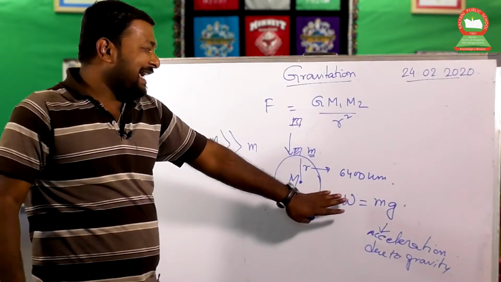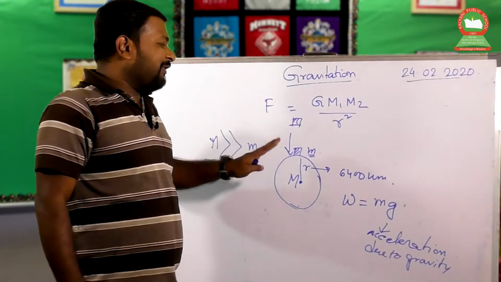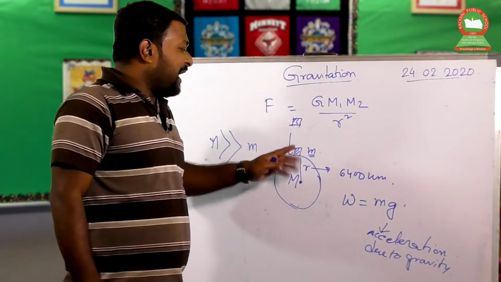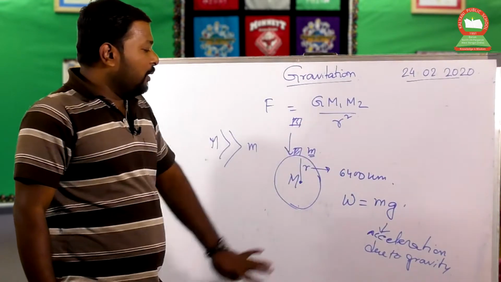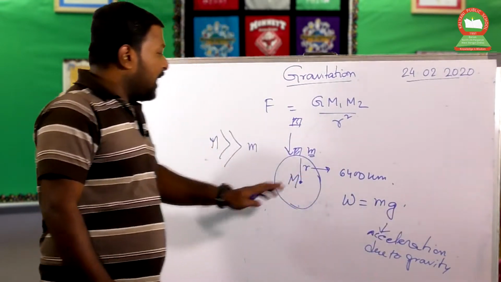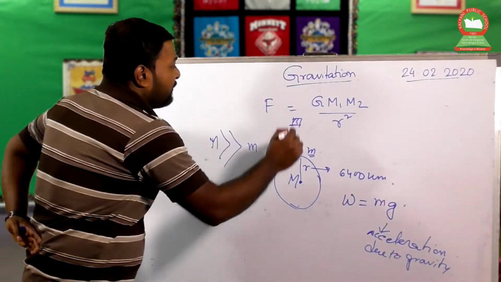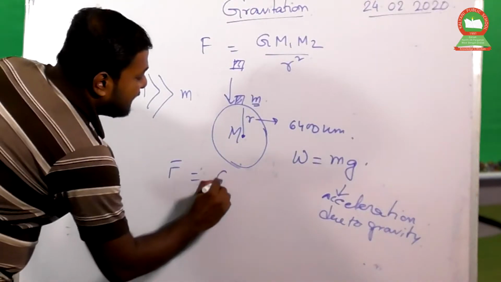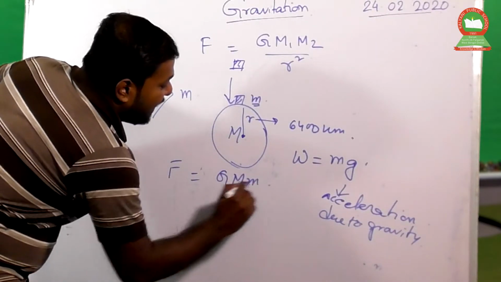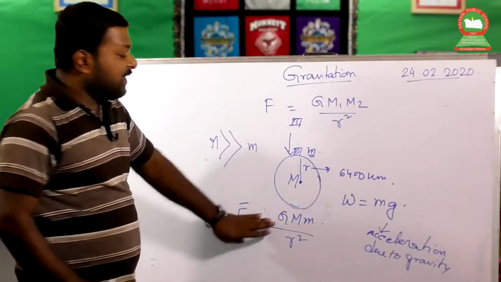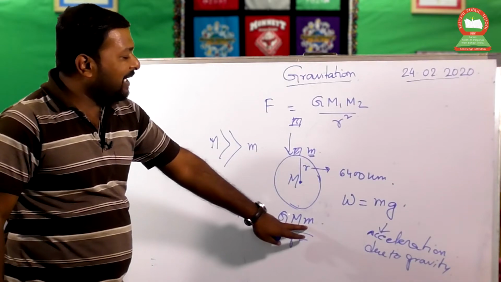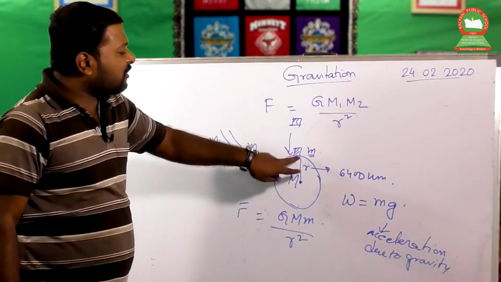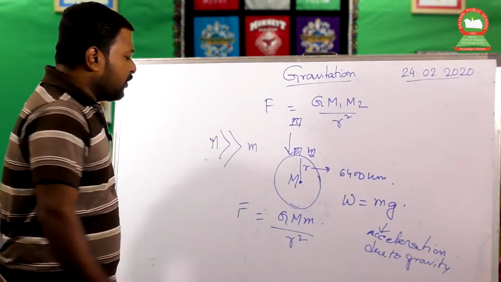So weight is defined as the amount of gravitational pull exerted on a particular body due to the Earth's gravitational pull. Now W equals mg, and the gravitational force F is written as F equals G M m by r square. G is the universal gravitational constant, M is the mass of the Earth, small m is the mass of that body, and r square is the square of the distance between the two bodies.